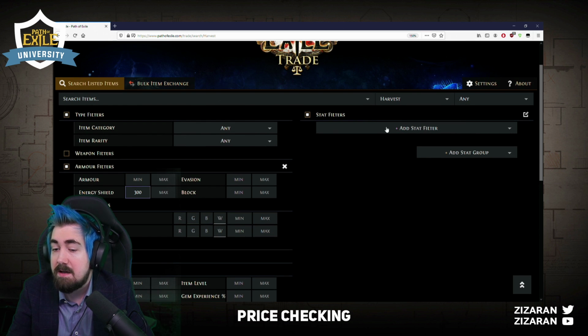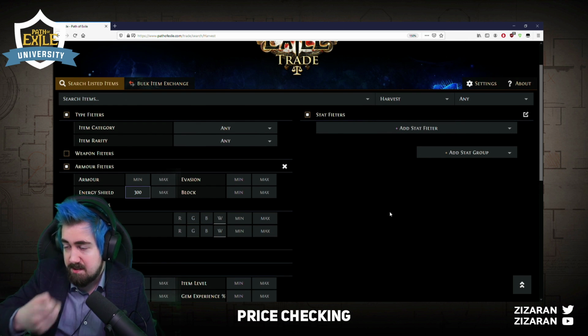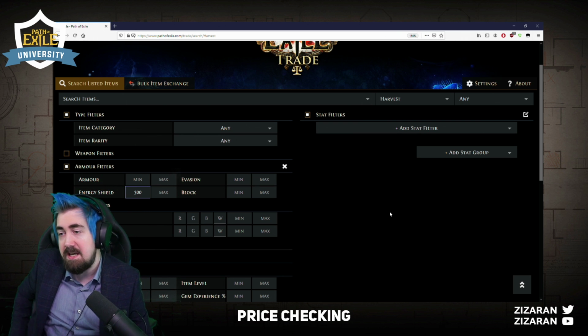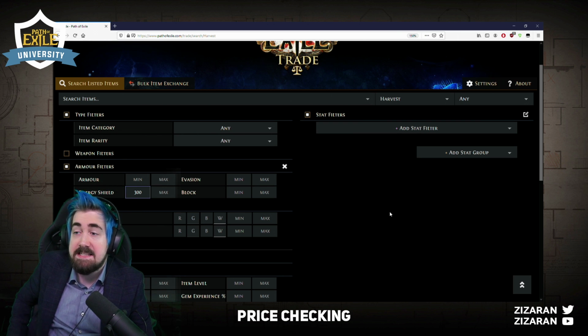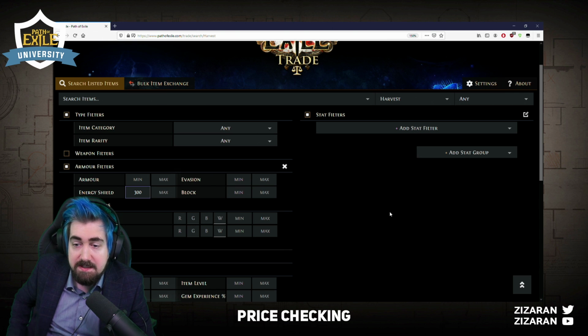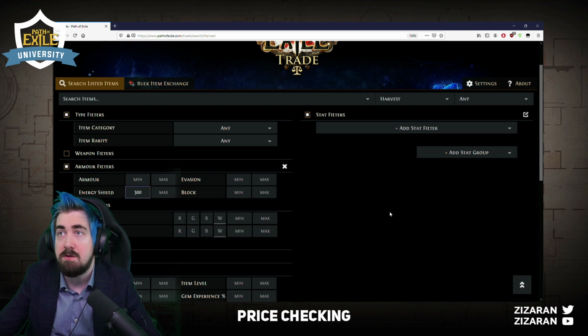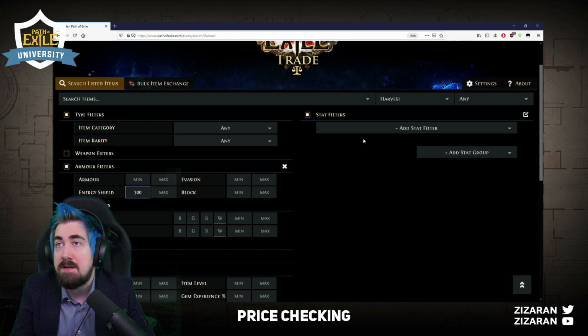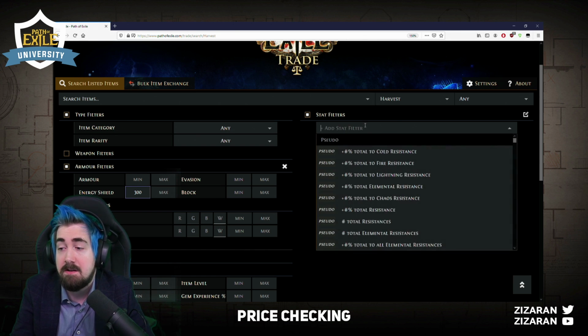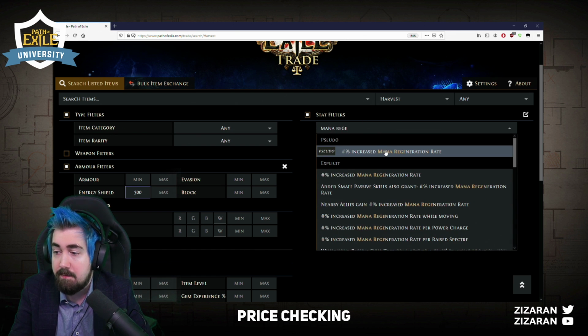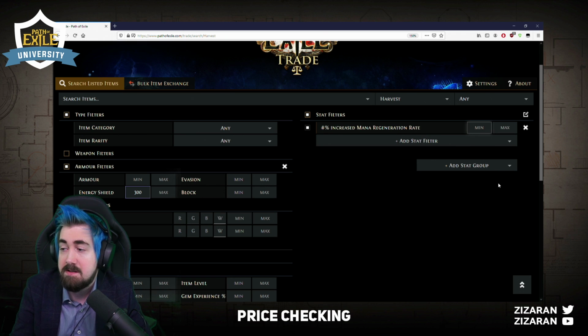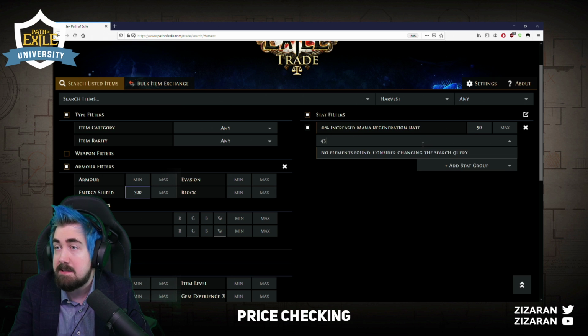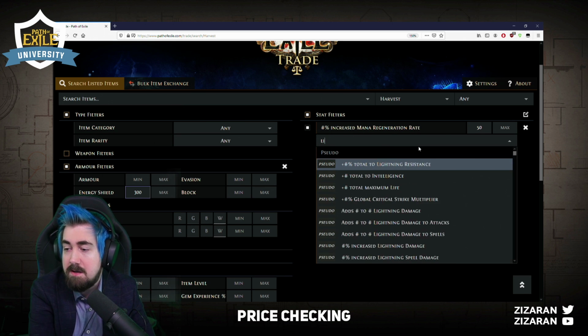On some items it's more or less obvious than others, but a very big mistake that a lot of new players make is that they will put in literally every stat because they aren't sure what's good, especially if the mana regen was, let's say, 50 instead of 13. You'll see a lot of people putting in the mana regen rate. So let's say my shield has 50 mana regen, and then it has 43% lightning resistance.